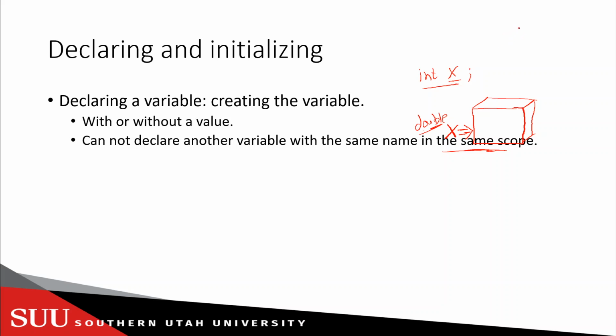Now keep in mind, Java program execution will start from top to bottom. If you create a variable in this line, for example, it's going to be visible from that line and down. If I create a variable here and then try to create another variable with the same name somewhere in here, Java is going to complain and not allow me to do so.